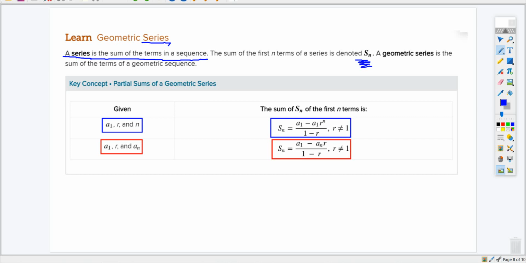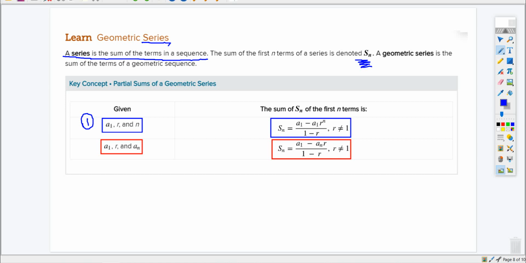So you know how we have A1, r, and n, right? A1 is the first term, r is the common ratio, n represents any term. Same here. So if we are given A1, r, and n, let's say the first formula type, and we are looking for the sum of the terms, we have a formula. It says A1 minus A1 times r to the power n over 1 minus r. r has to be other than 1.